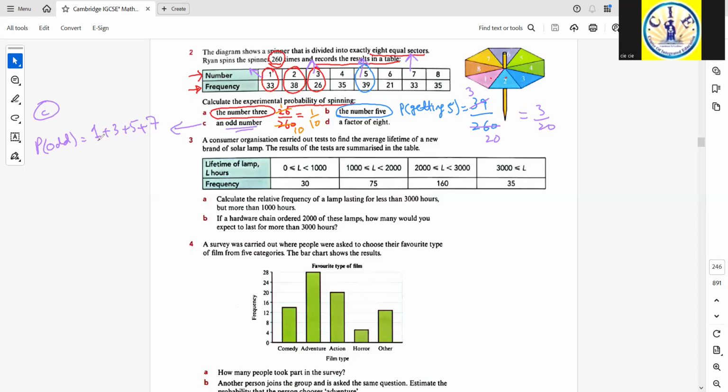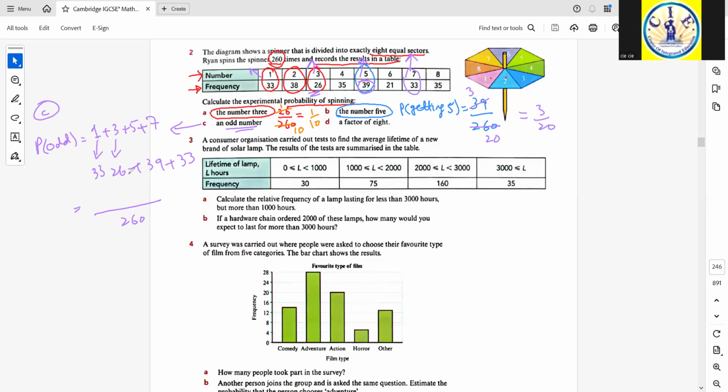Okay. 1 was occurring actually 33 times. 3 was occurring 26 times. 5 is occurring 39 times. And 7 is occurring 33 times. So we would add all of them and divide them with the total possible outcomes, which was 260.